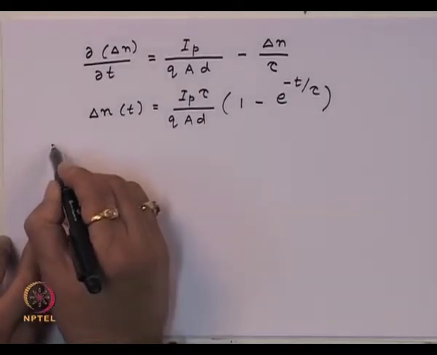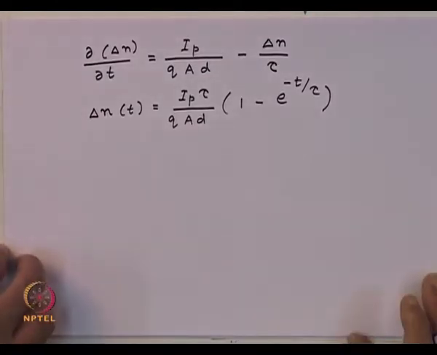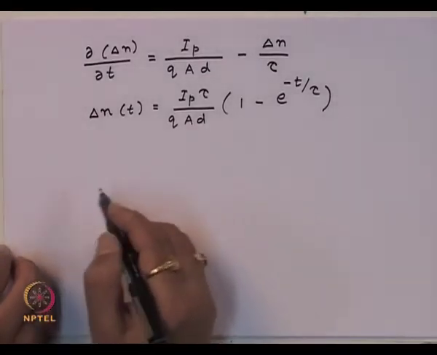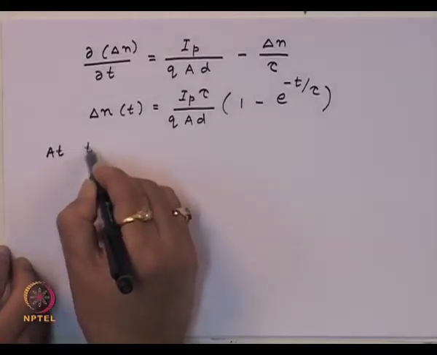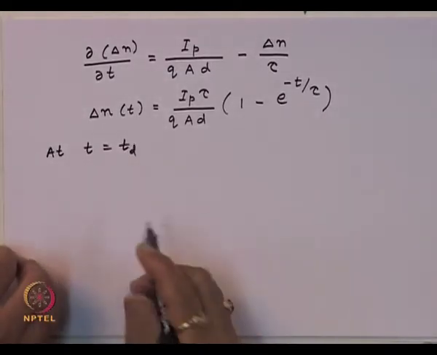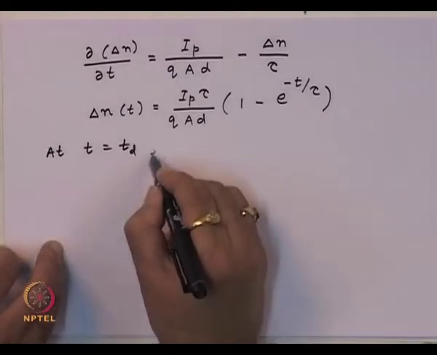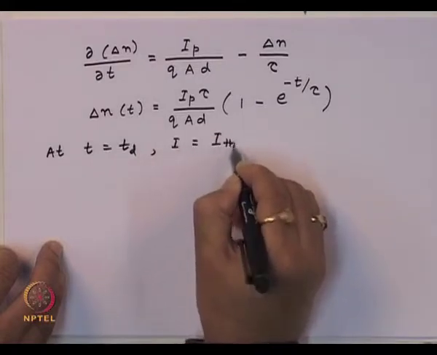Let us say the time which it takes to build that electron density is given by T d. So, at t equal to T d, that much delay in building the electron density, the current reaches the threshold current.